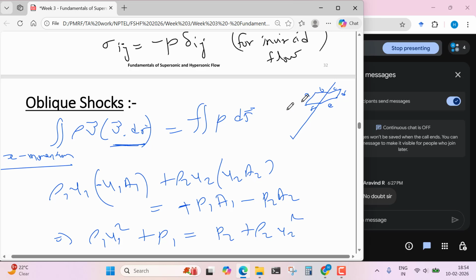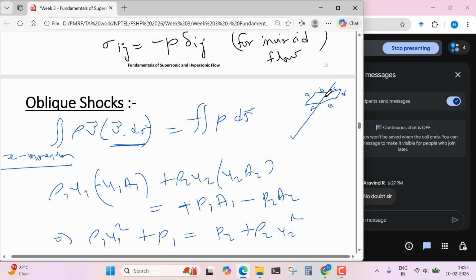For surface A, it will come ρ1 u1 times minus u1 A1 plus ρ2 u2 times u2 A2, the other surfaces having V·dS equal to 0, equal to p1 A1 minus p2 A2.